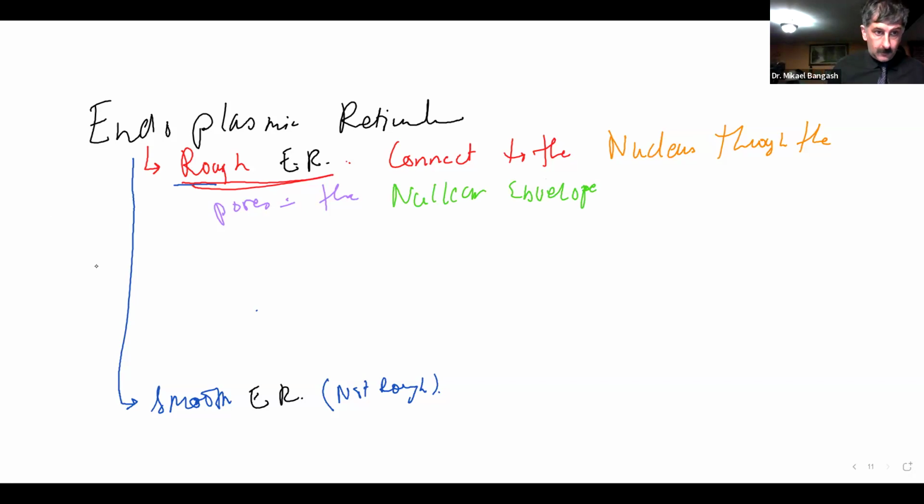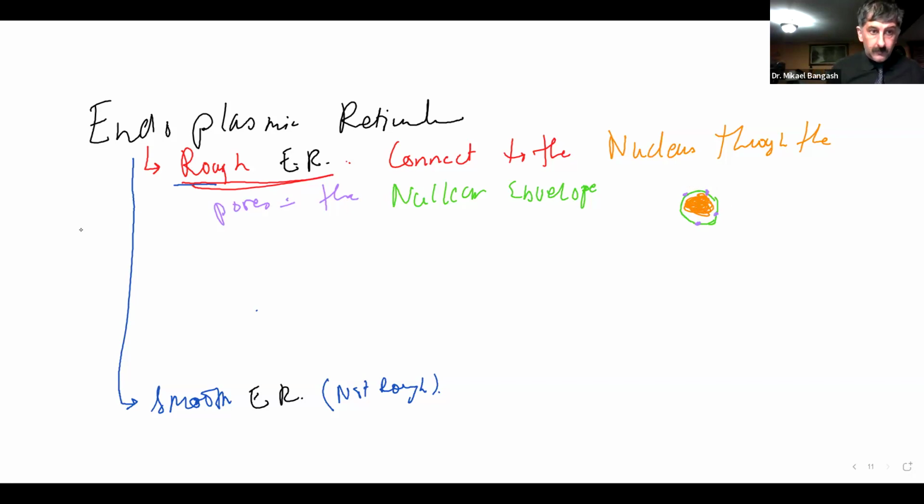So if we said that this here was the nucleus, we said that the nucleus was enclosed in what we call the nuclear envelope, which was porous because it had these openings.